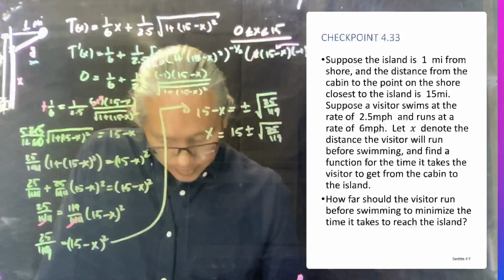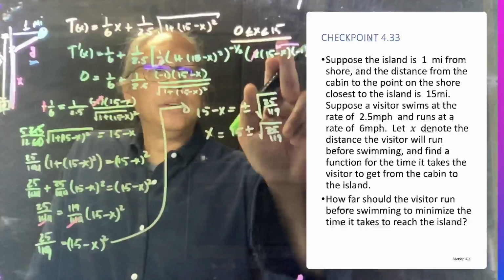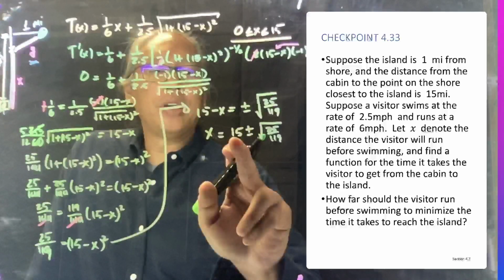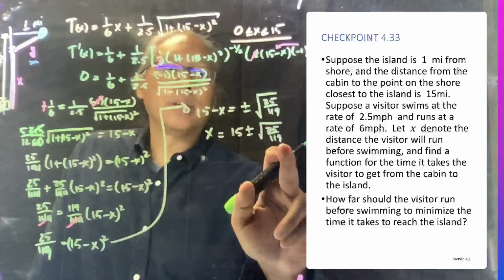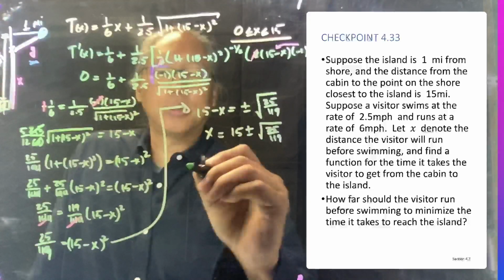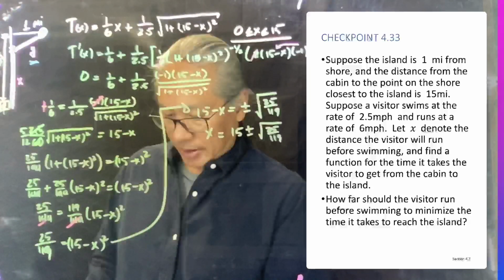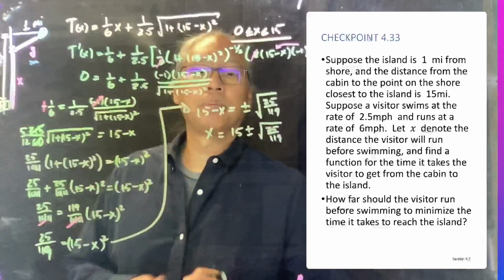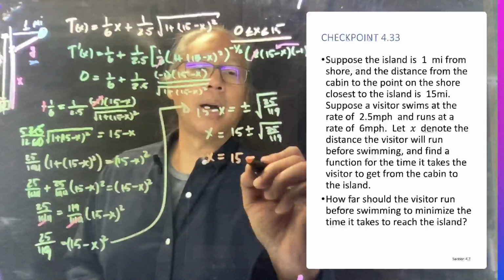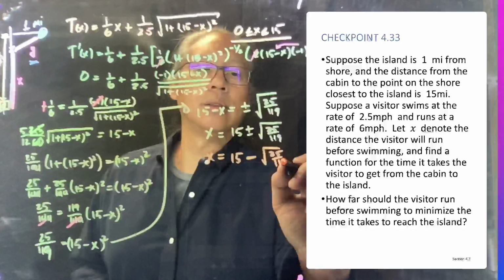Okay, so given that your domain needs to go between 0 and 15, if you have 15 here and you add something to it, then it's going to be bigger than that. So your actual answer must be 15 minus that square root value. So this would be x equals 15 minus the square root of 25 over 119.